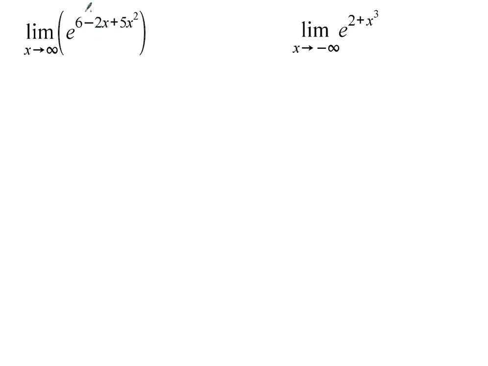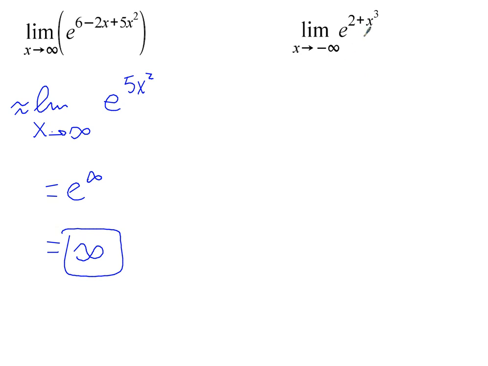So they become insignificant, and this just becomes the limit as x approaches infinity of e to the 5x squared, which, if we plug in infinity, just gives us e to the infinity, or just infinity.